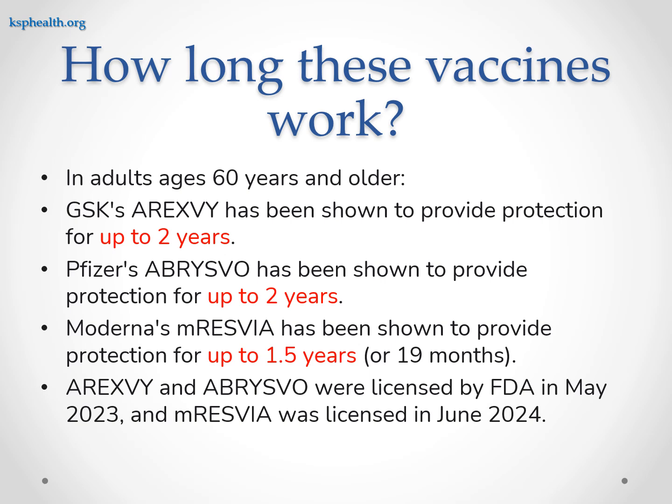The reason we have a shorter time is that these vaccines have been licensed by FDA, Arexvy and Abrysvo in May 2023, and Moderna's just a couple of months before, like June 2024. So we don't have enough evidence to see how long the effectiveness lasts. As it stands now, around 2 years.